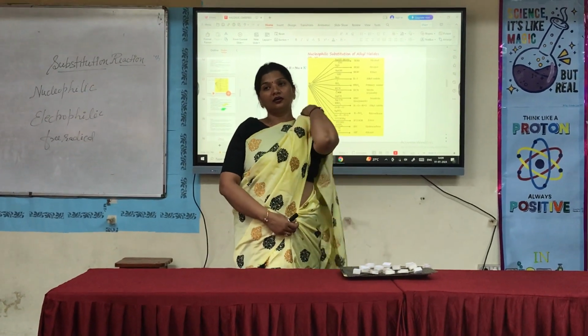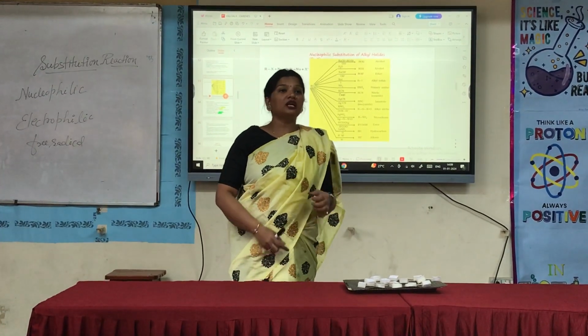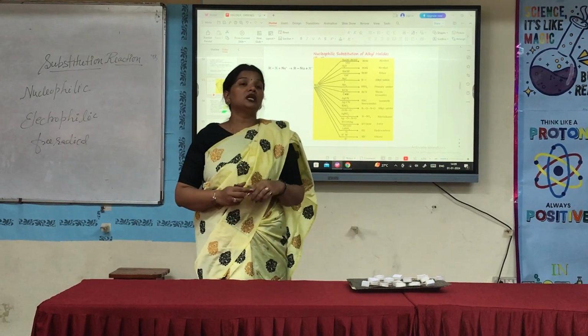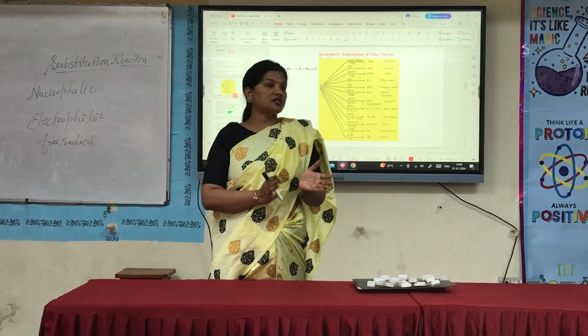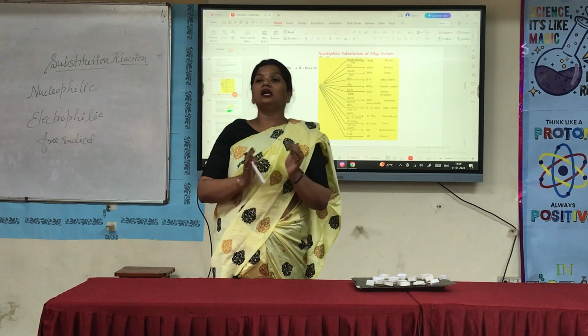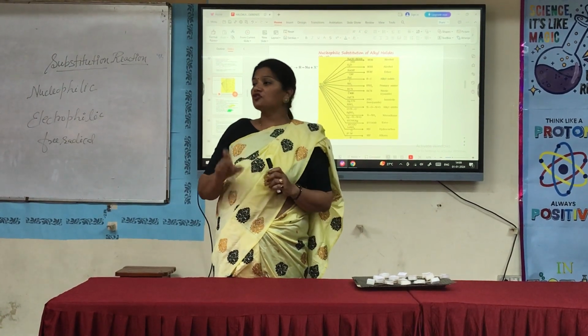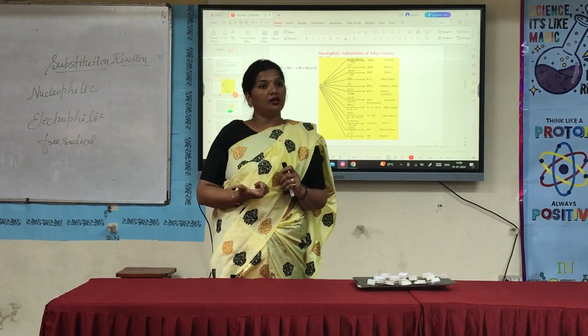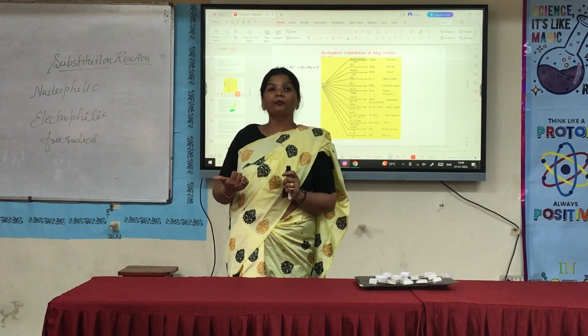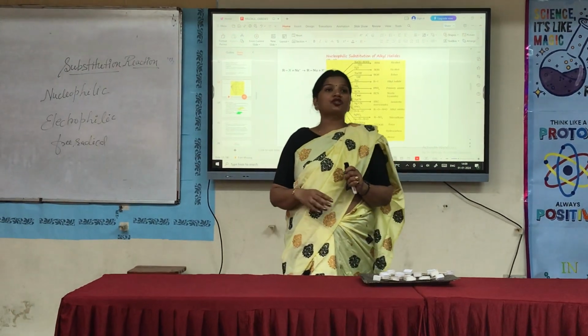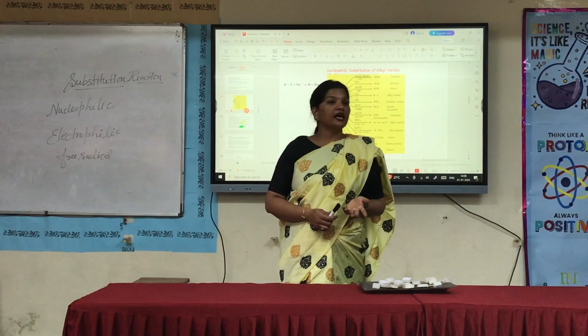Negative charge or excess of electron density. Yes, definitely. In normal terms, we also say these are called nucleus loving. So these have the negative charge or are rich in electrons, and the electrophiles are electron deficient, or we can say electron loving.